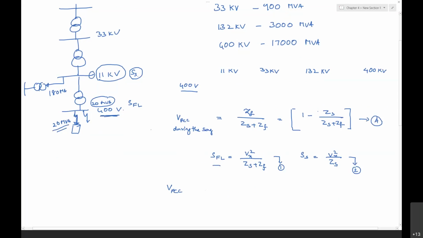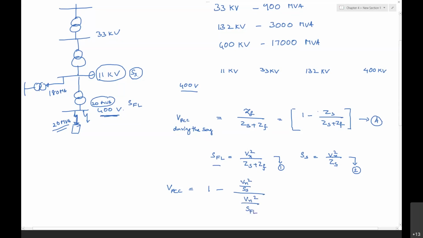The PCC voltage is equal to 1 minus Vn square by SS, where we replace ZS plus ZF with Vn square by SFL.